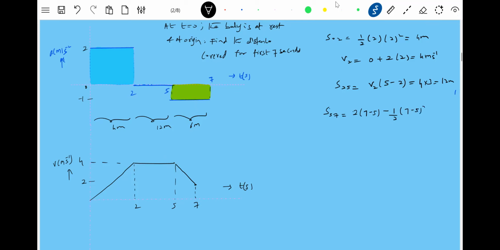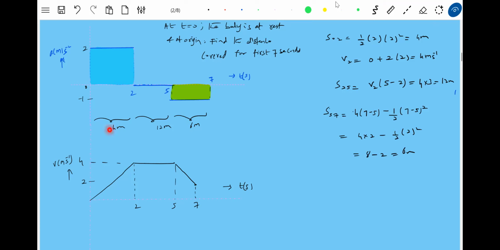Using the S equals ut plus half at square formula: 4 into 2 minus 2 square. Sorry, this velocity is 4, no? So 8 minus 2, 6 meters.